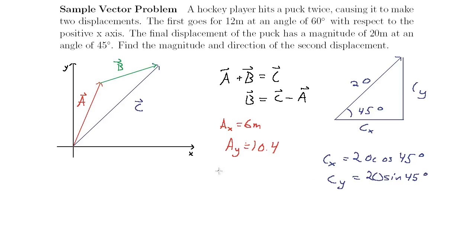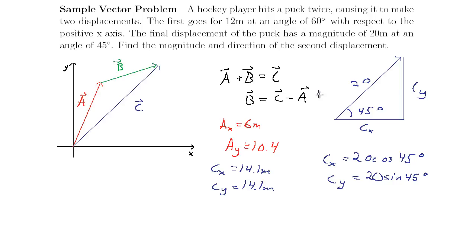Okay, and you can calculate that. Just put it in your calculator, and you get that Cx is equal to 14.1 meters, and Cy is equal to also 14.1 meters, because we know that the cosine of 45 and the sine of 45 is the same number. It's root 2 over 2.